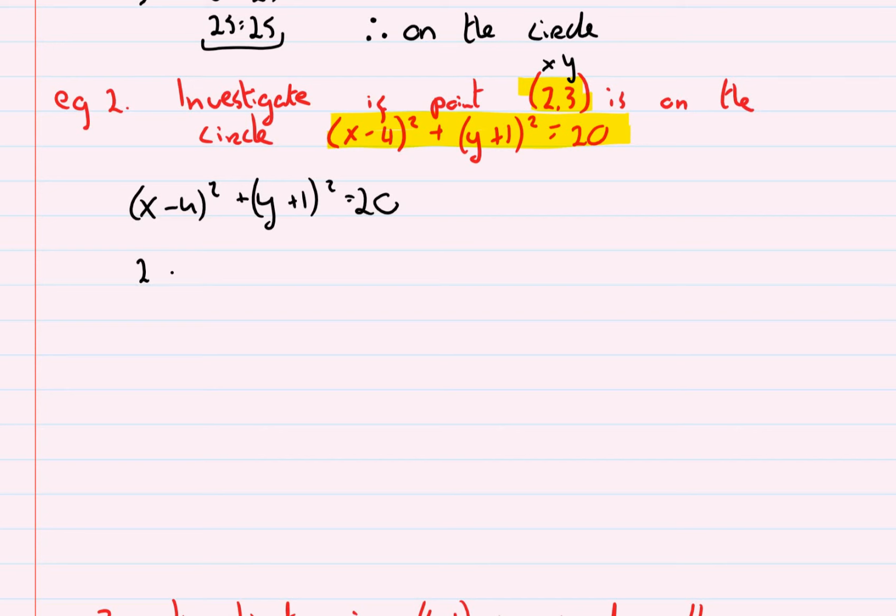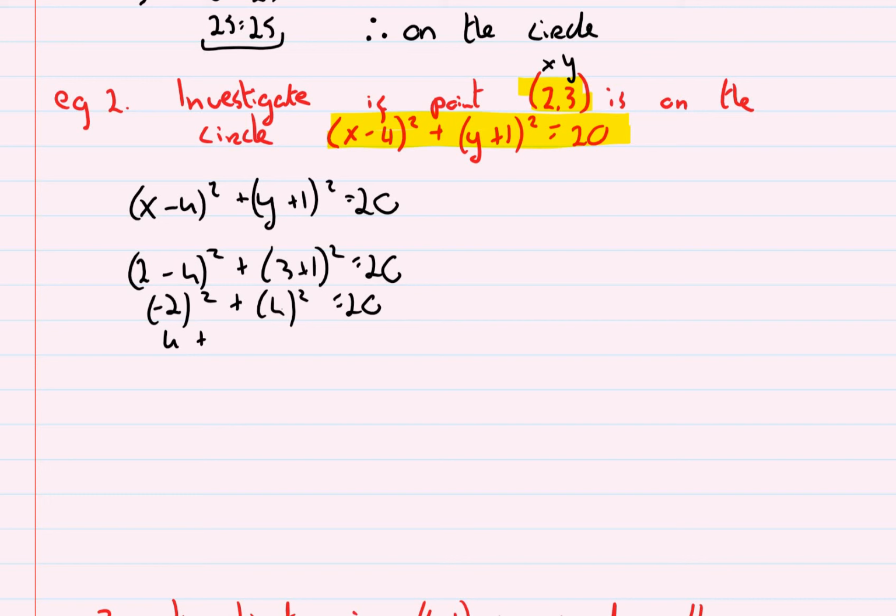So we have 2 for x minus 4 squared, and y then is 3 plus 1 squared equals 20. That will be minus 2 squared plus 4 squared equals 20, and minus 2 squared is 4, and 4 by 4 is 16. 16 plus 4 is 20 equals 20. So again, this one is on.